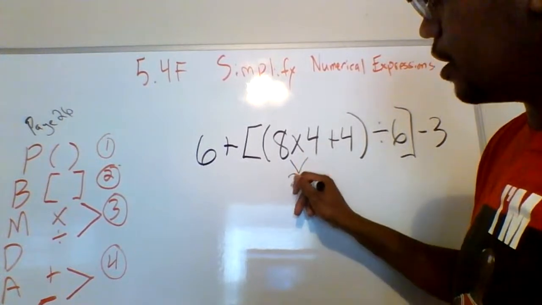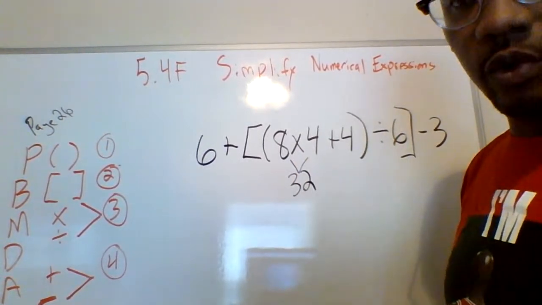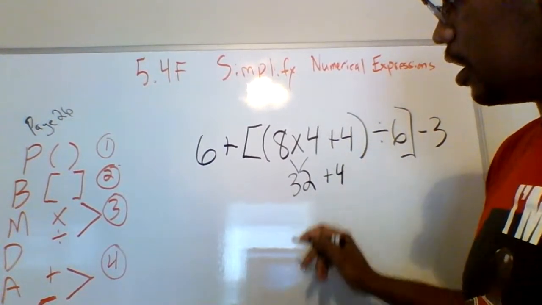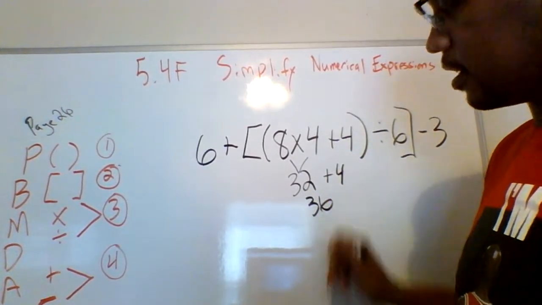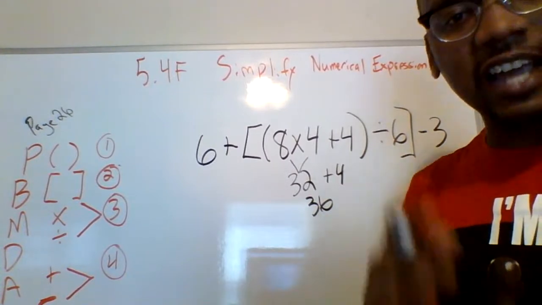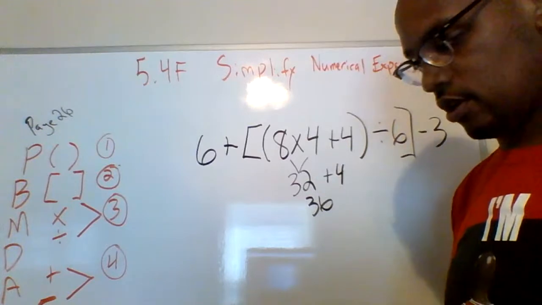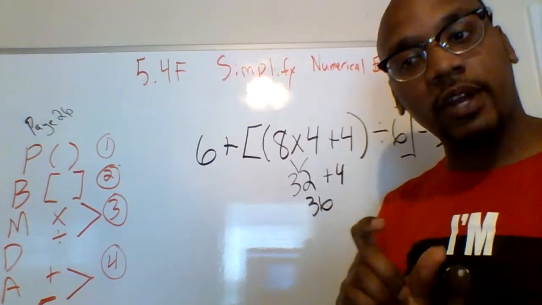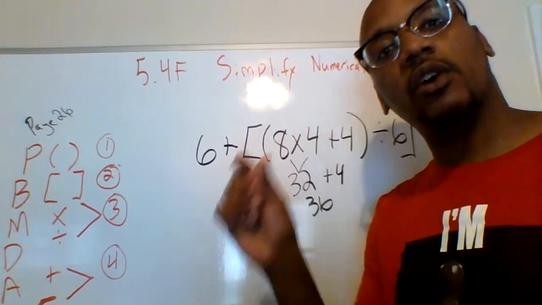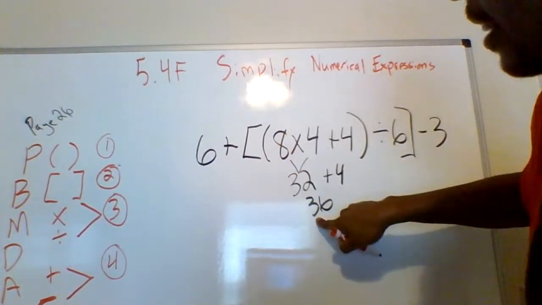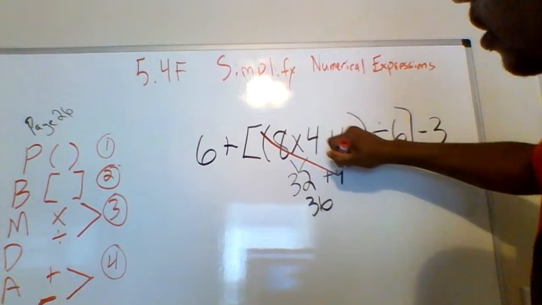8 times 4 is 32. And then 32 plus 4 is 36, which means the answer to the whole parentheses is 36. Again, even inside the parentheses, you have to go in order. Now, I got 36, so I can cross all of this out.